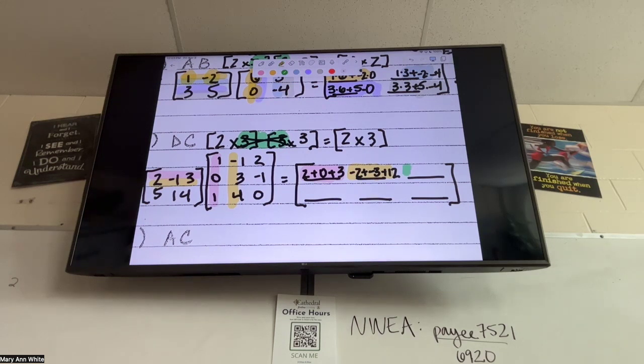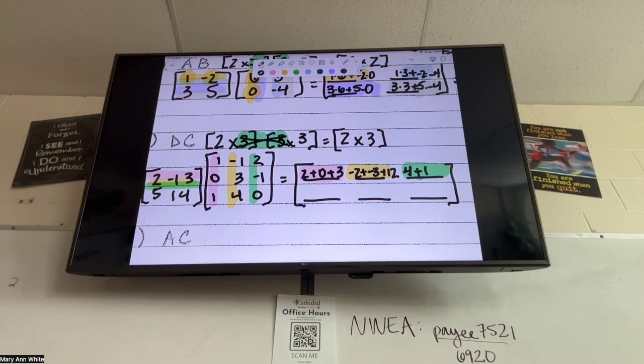Okay, next I'm still in the first row, but now I'm in the last column. I'm in the third column. So I'm gonna do first row and last column. So 2 times 2 is 4, -1 times -1 is 1, and then 3 times 0 is 0.